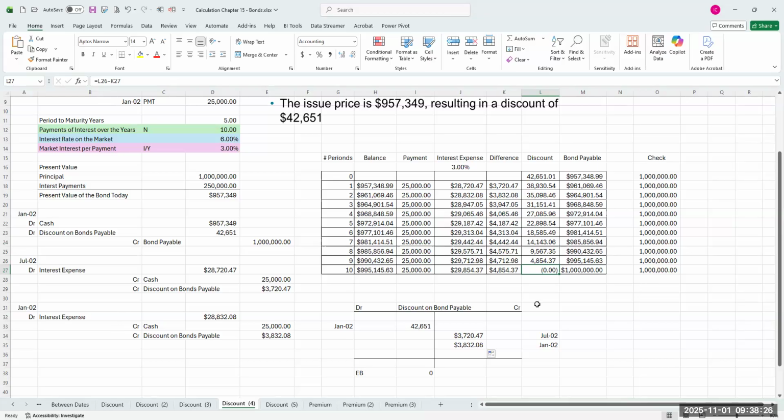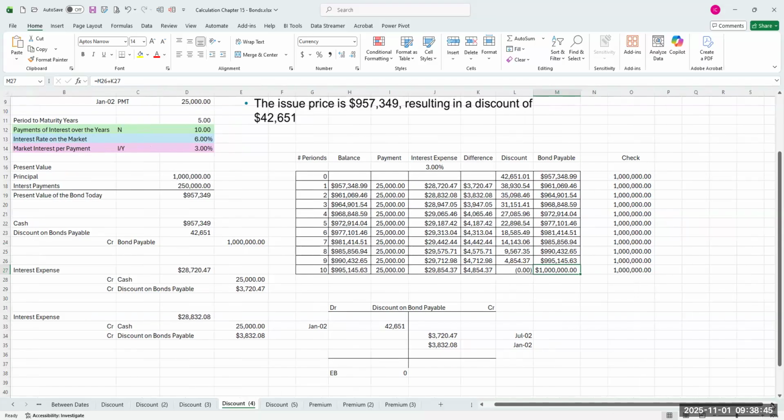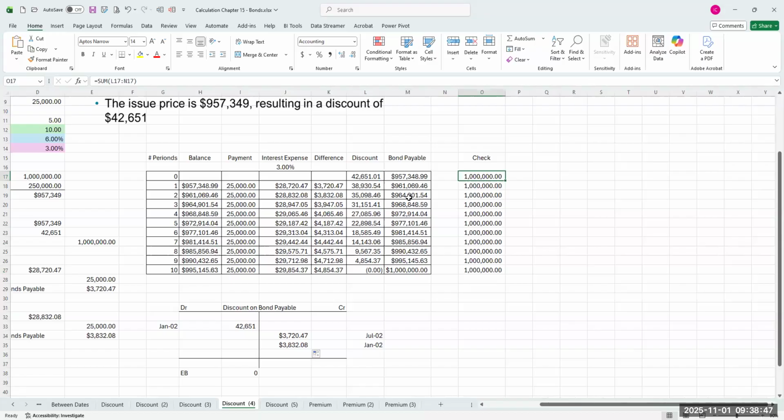And at the end of the 5th year, we're gonna have only one account. The discount on the bonds payable will be zero, and the companion account will be bonds payable with exactly $1 million. Because don't forget, the presentation on the balance sheet will be bond payable minus the discount.